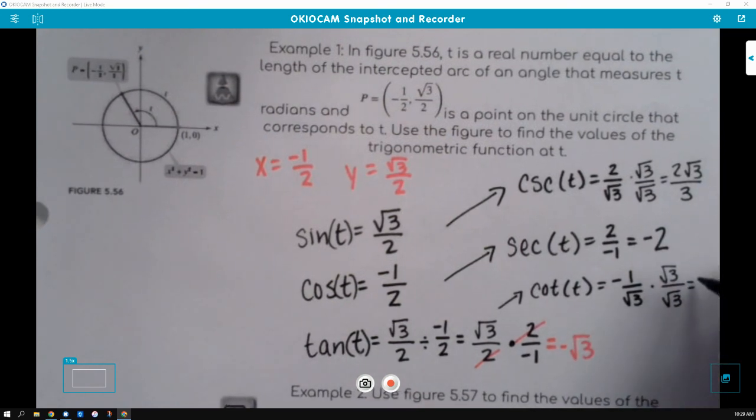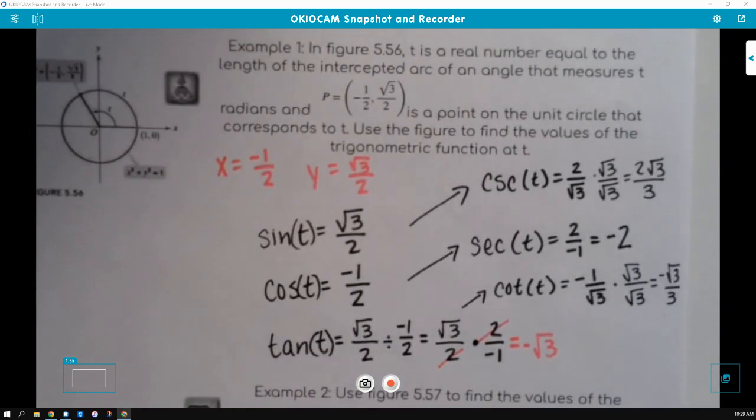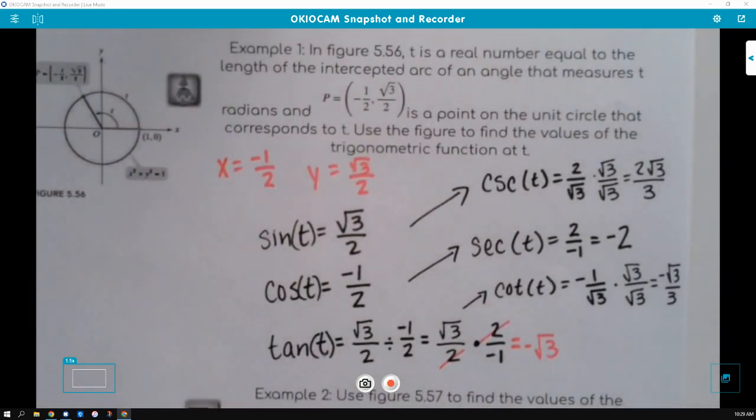So that's negative rad 3 over positive 3. Okay, so sine and cosine are just y and x, tangent's y over x, and then flip them all, rationalize your denominators if MathXL makes you. That's about it. Any questions on any of those?